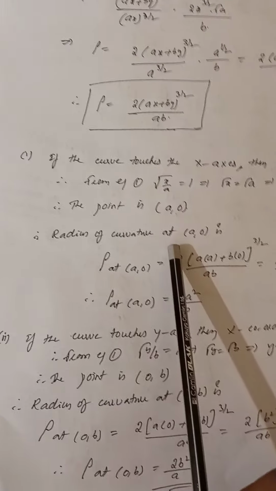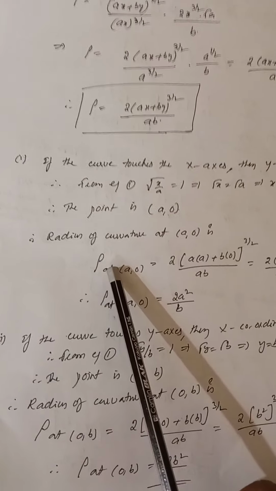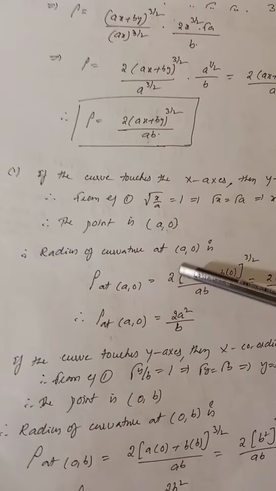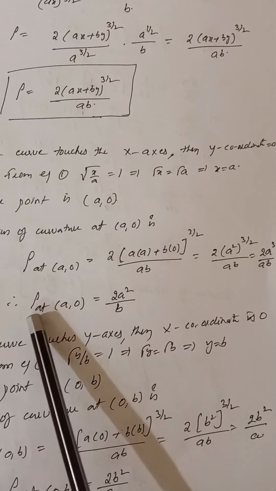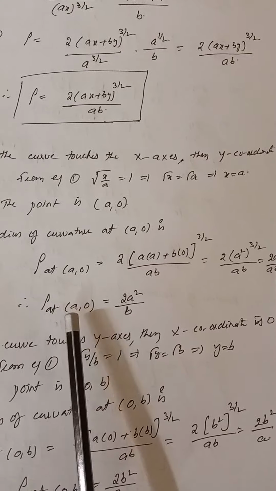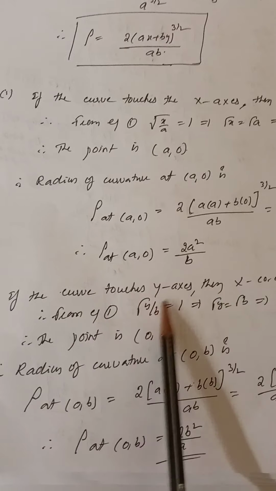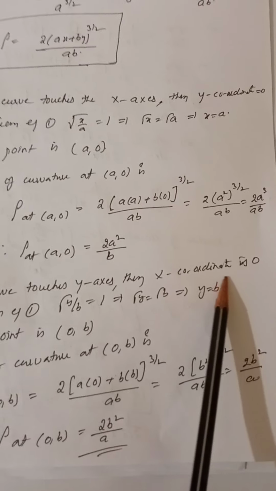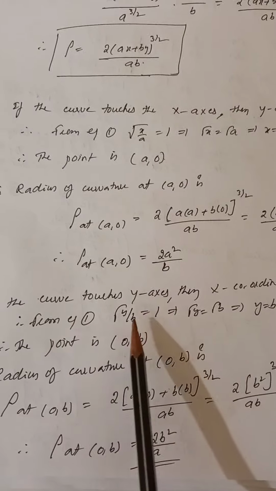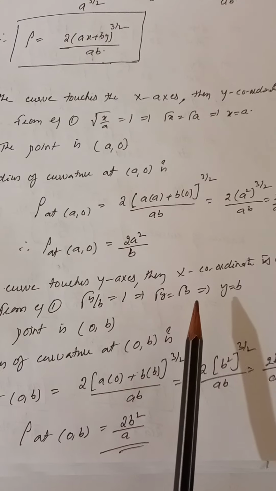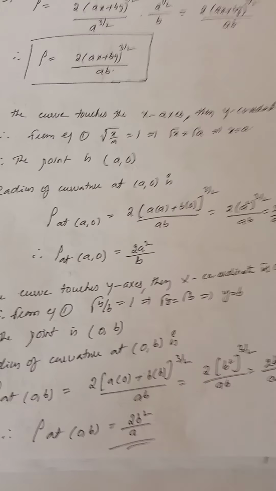Therefore the radius of curvature at the point a comma 0 is, now in this one, in place of x I have to substitute a, in place of y I have to substitute 0. After simplifying I got the rho value, that means the radius of curvature at a comma 0 is equal to 2a square by b. Similarly, if the given curve touches the y-axis, the x coordinate is 0. That means from equation 1, you put x equal to 0, you will get root of y by b is equal to 1, root y is equal to root b, that implies y is equal to b.